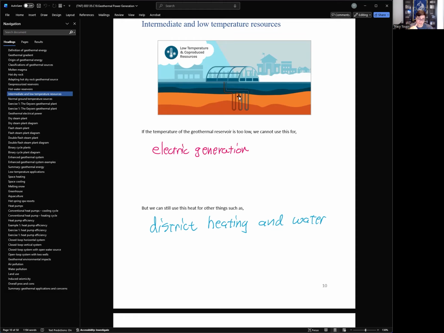Because if you drill a couple hundred feet down into the earth, it's going to be warmer than what it is on the surface in the winter. Not boiling hot water, but it could be maybe 100 degrees Fahrenheit, maybe 115 degrees Fahrenheit, right? That's enough to pump some heat into your house to keep your house a little bit warmer in the cold winter. And that's what we're looking at here, okay?